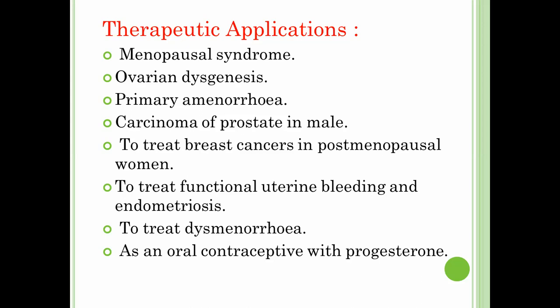Unwanted growth of tissue or cells, abnormal cells, or uncontrolled growth of tissue or cells, that is cancer. So carcinoma. Next one: can anyone tell the types of cancer? Carcinoma, sarcolemma.